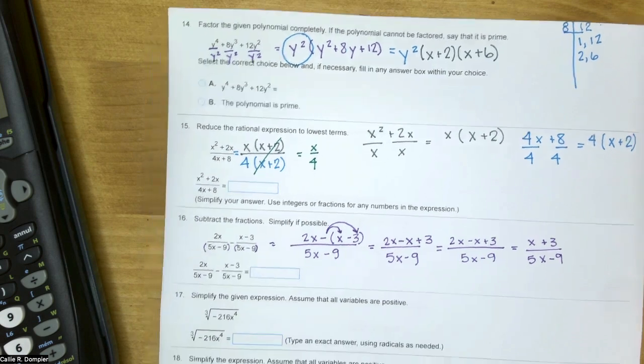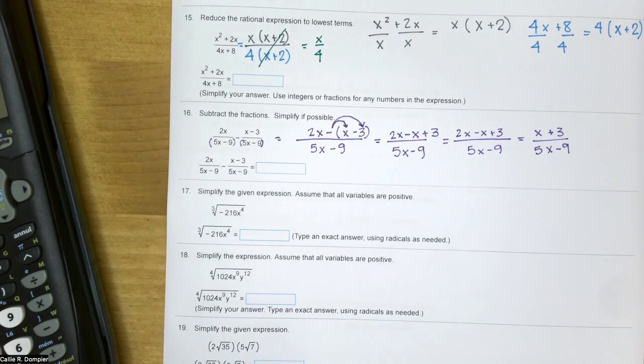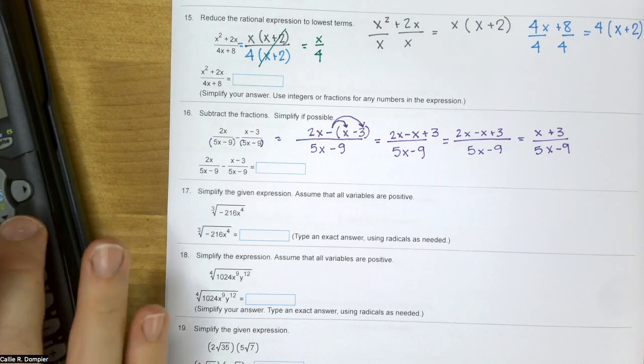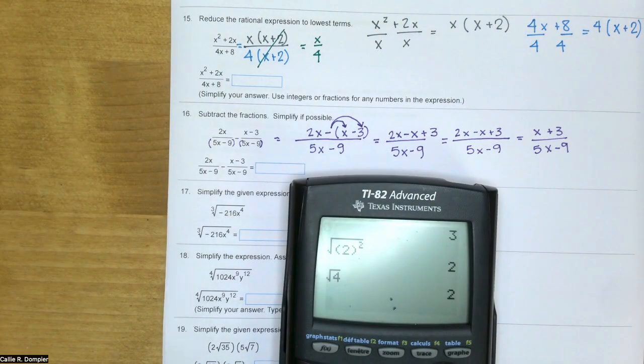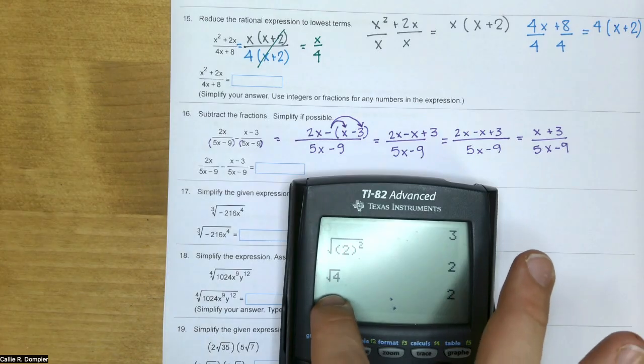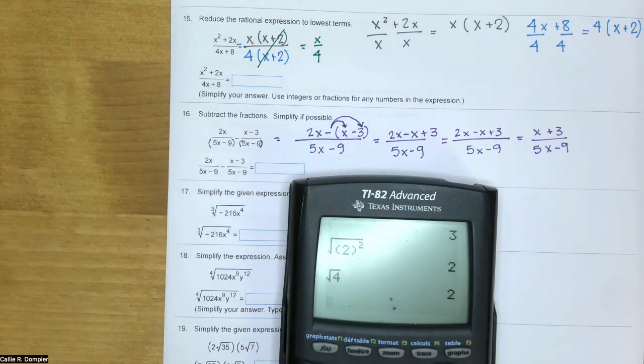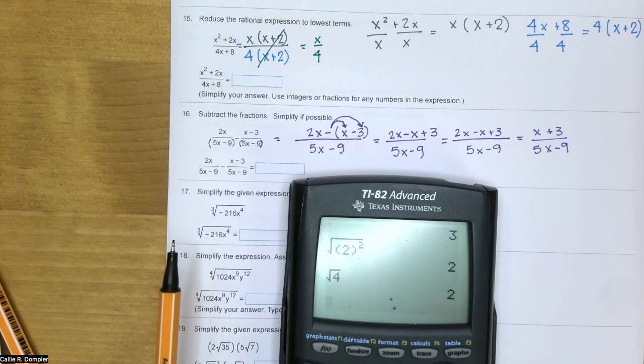Good. All right, we're going to move on to simplifying an expression, assuming that the variables are positive. So you don't need to do anything with the variables. So we're taking the third root of negative 216. I would just put that into my calculator, right? We've done a little bit of this. Remember that we only need to look at the degree here. You could also call it the index.